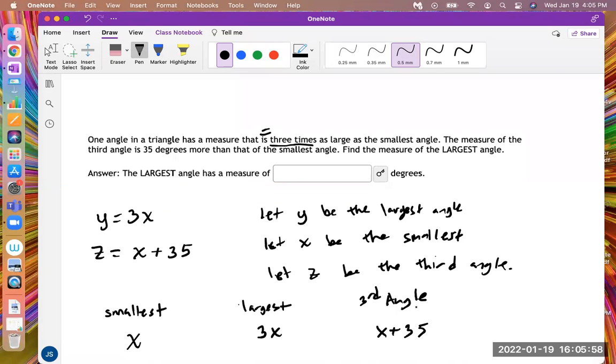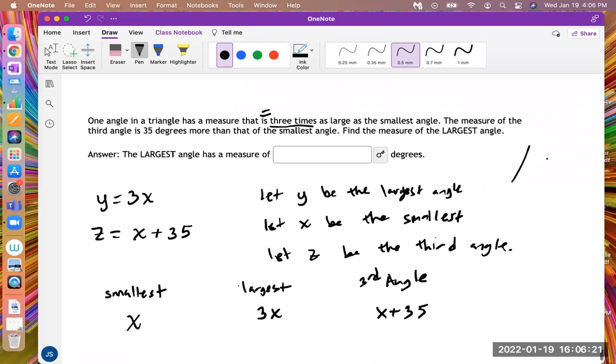Now I have to start thinking about what equation I know that tells me about the angles of a triangle. Do I know what they add to? Do I know what they subtract to? Do I know what they multiply to? And I think about all the equations that we learned in geometry and prior math classes. And one that we learned is that the angles in a triangle add to 180.